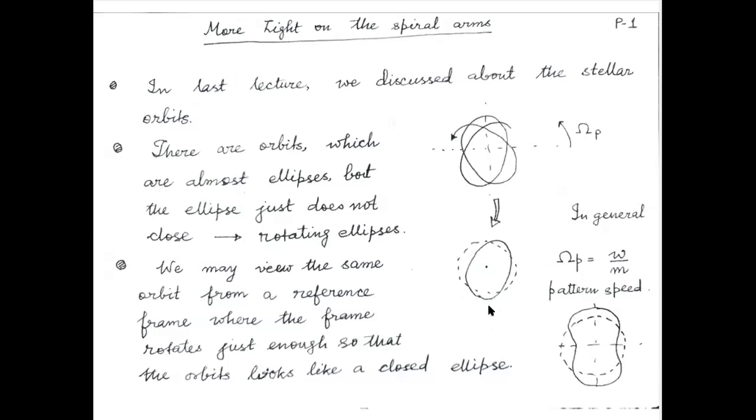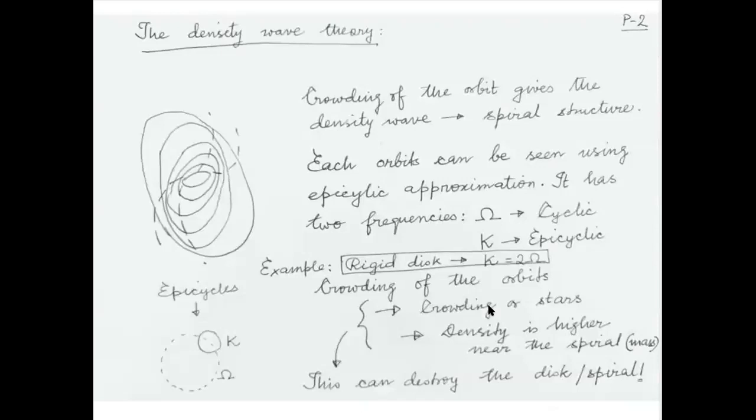Fine. Now we have learned about the density wave theory in the two classes earlier by Vidya. And what he said is that the spiral structure in a disk spiral galaxy emerges because of the crowding of the orbits in certain regions in the galactic disk.